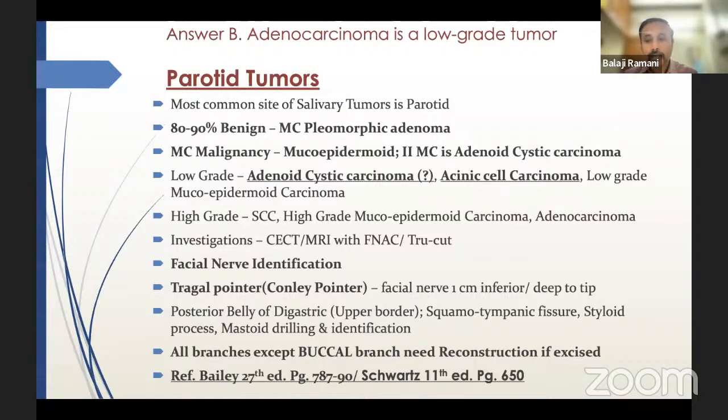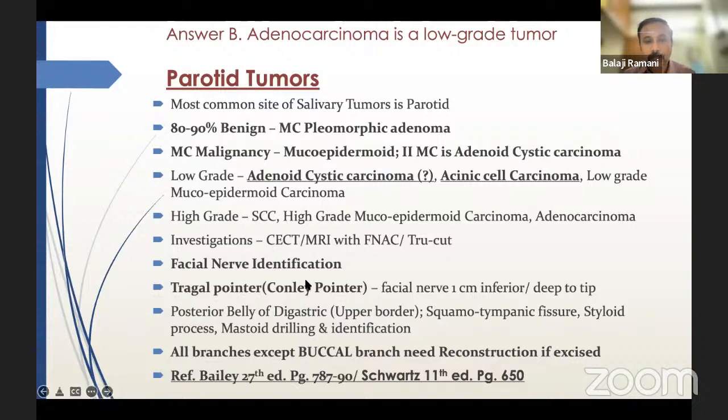So this kind of presentation doesn't really make it a high grade tumor, but in Sabiston it is mentioned as high grade. In Bailey it is usually mentioned among the low grade tumors. But one thing you have to remember is either way, whenever you have adenoid cystic, we have to go for adjuvant radiation therapy because of the presence of perineural invasion. But mucoepidermoid high grade, squamous cell, and adenocarcinoma, all these three are going to be the high grade tumors. There is no doubt with regard to that.